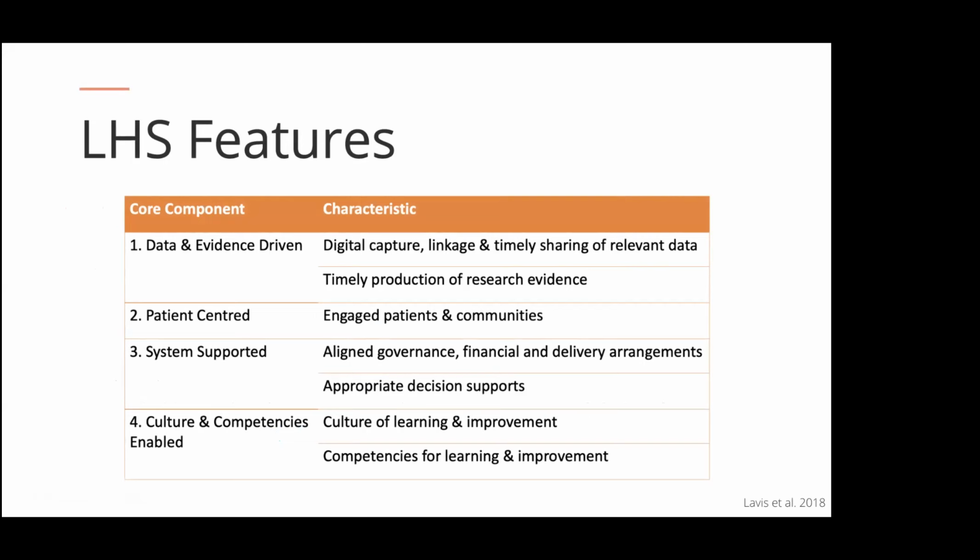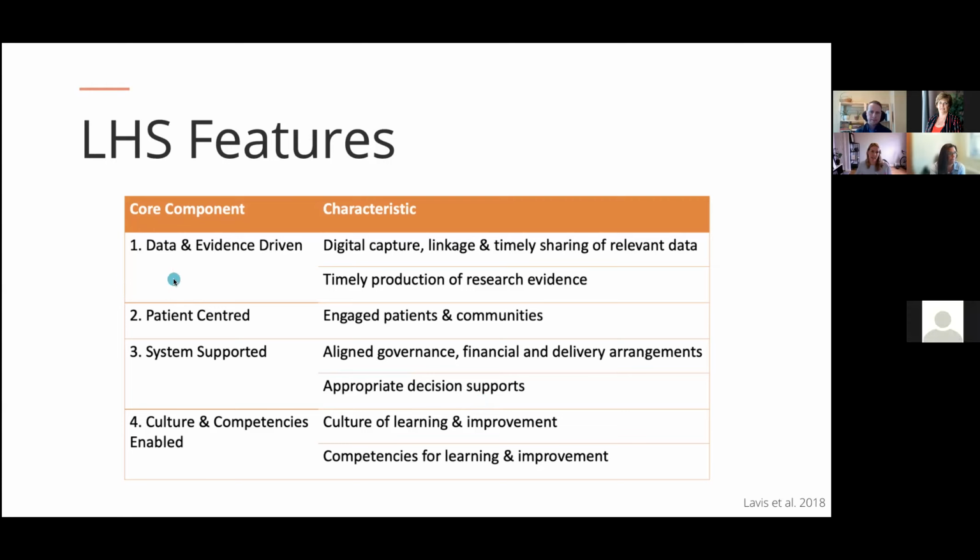And similarly, in 2018, another researcher, John Lavis, created this list of 4 core components, which align with 7 key characteristics that should be part of a learning health system. In his approach, he described that a learning health system should be data and evidence driven.